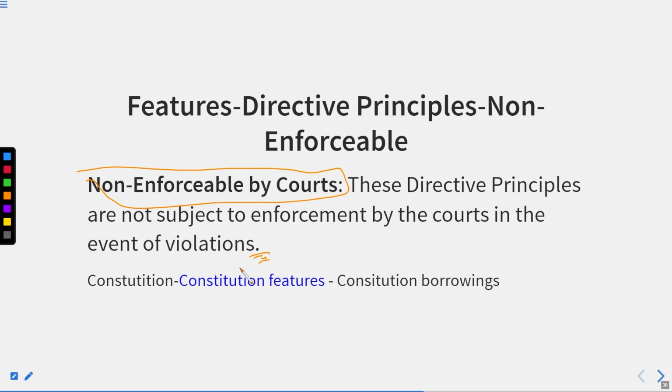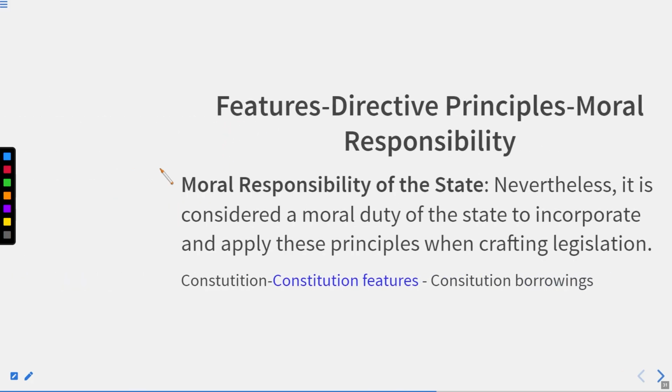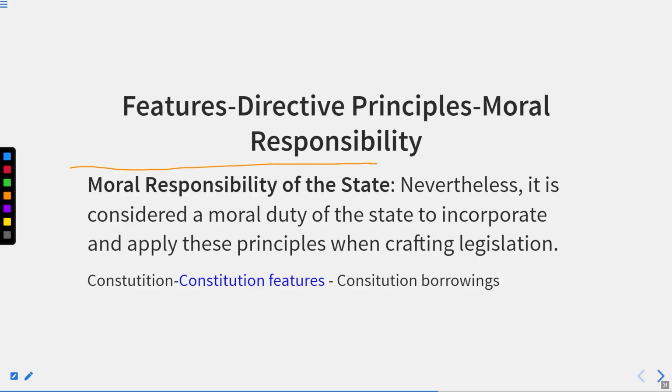Under Article 32 and 226, you could reach the Supreme Court and High Court respectively, but there is no article mentioned in the Constitution under which you can reach the court on violation of the directive principles of state policy. Okay. Thereafter, moral responsibility of the state. Nevertheless, it is considered a moral duty of the state to incorporate and apply these principles when crafting legislation. All right.